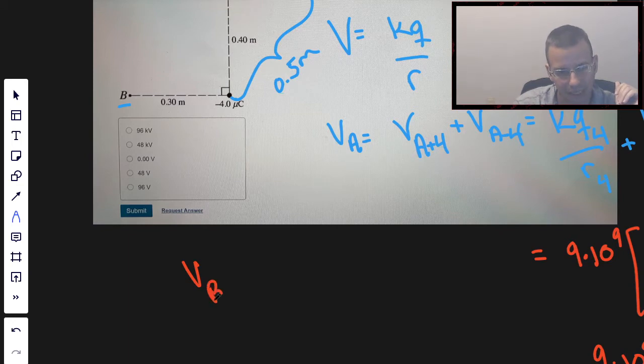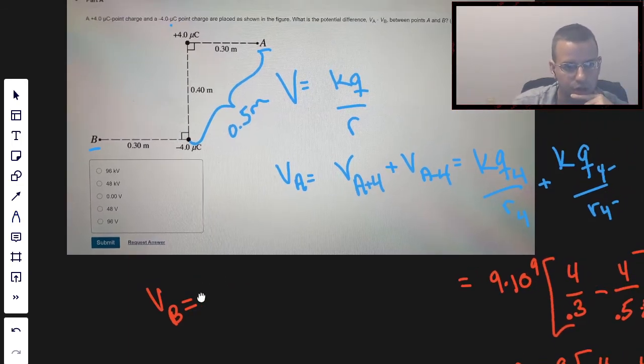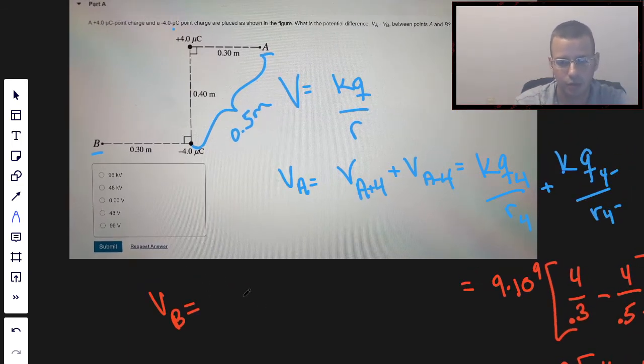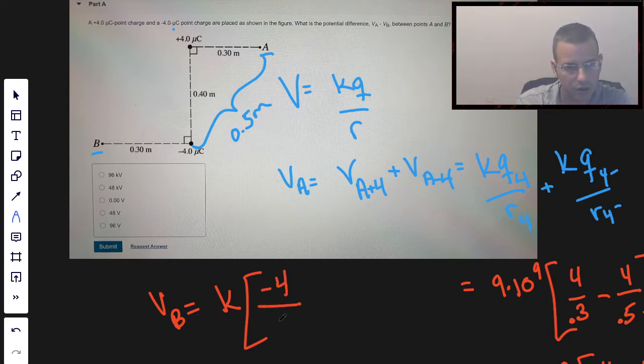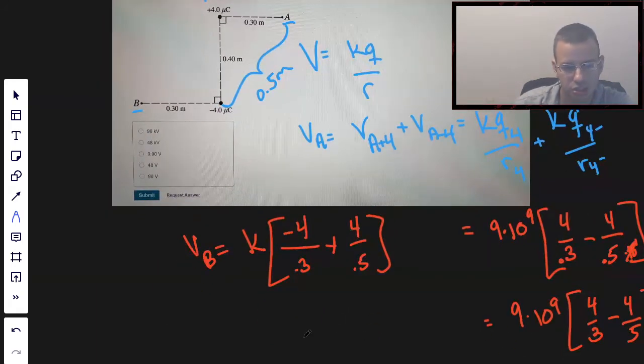Voltage at B, I think it's going to be very similar. We're going to use the same formula. We're going to end up with K times, this time, negative 4 over 0.3 plus 4 over 0.5, which is going to be very similar.